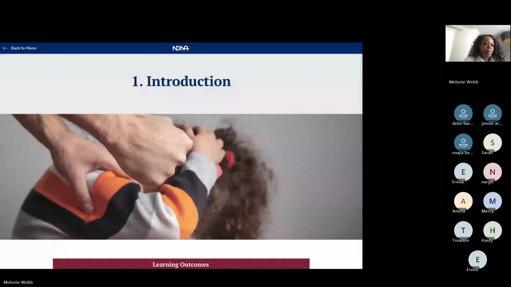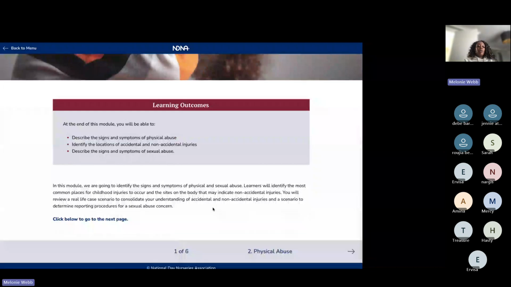So, module 2. At the end of this module, we should be able to describe the signs and symptoms of physical abuse, identify the locations of accidental and non-accidental injuries, describe the signs and symptoms of sexual abuse.